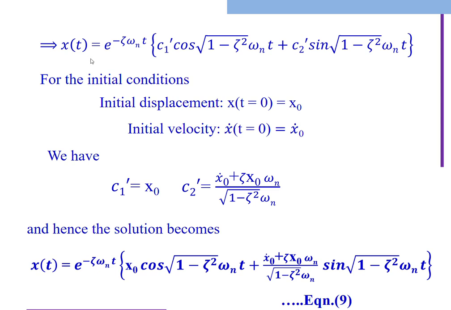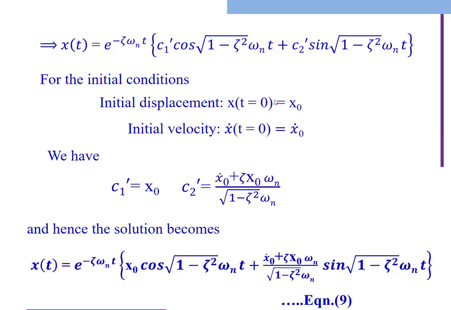And after getting this displacement equation, for the initial conditions we have, at the start t is equal to 0, displacement is equal to x naught, and at t is equal to 0, velocity is x naught dot, that is dx by dt. Okay, there we can get the initial velocity also like this.